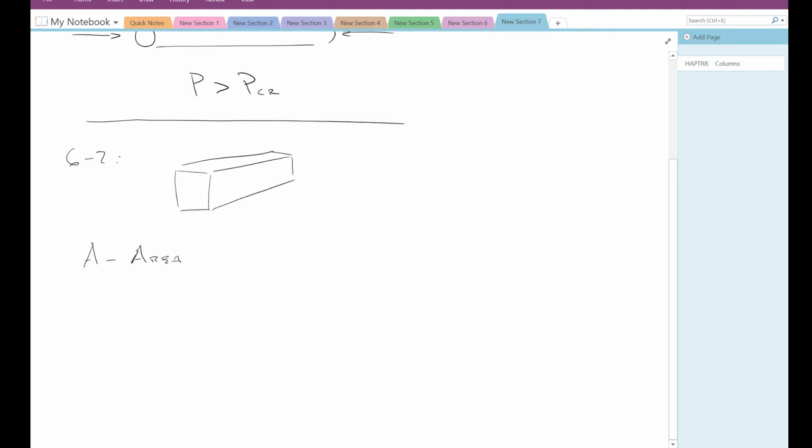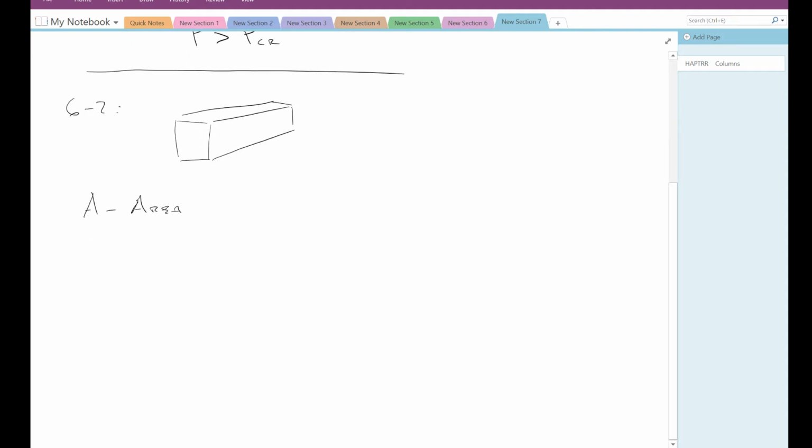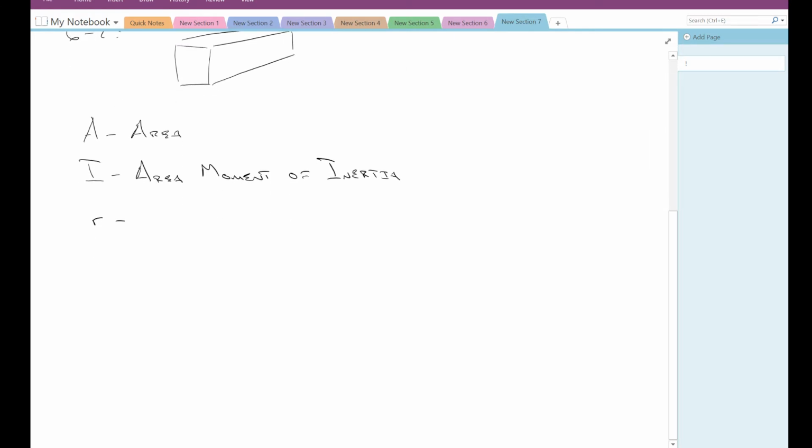The other important factors are the area moment of inertia, which is denoted by the letter I, and the lowercase r, which I draw like that. Hopefully you can make that out with my chicken scratch. It is the radius of gyration.